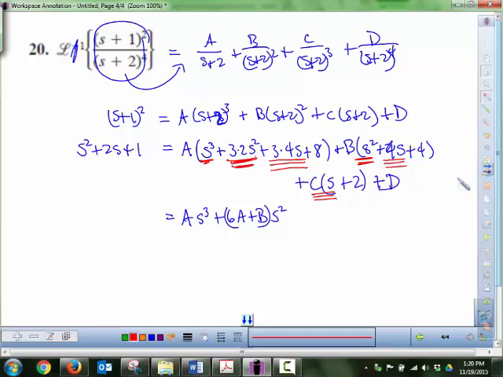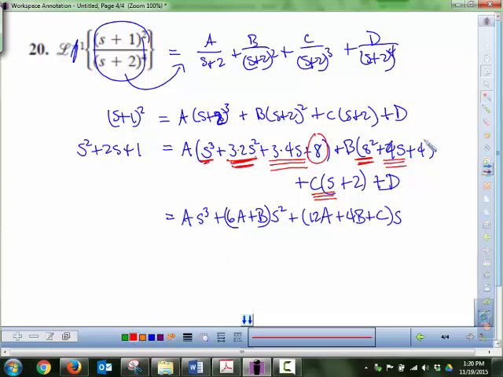So all the ones with an s: I have 3 times 4 is 12 times A is 12A times s, which I'll factor out. I have a 4 times B, positive, and then I have a C. All this is multiplied by s.